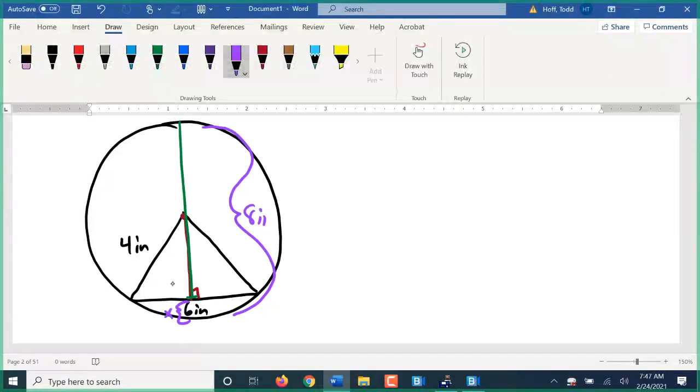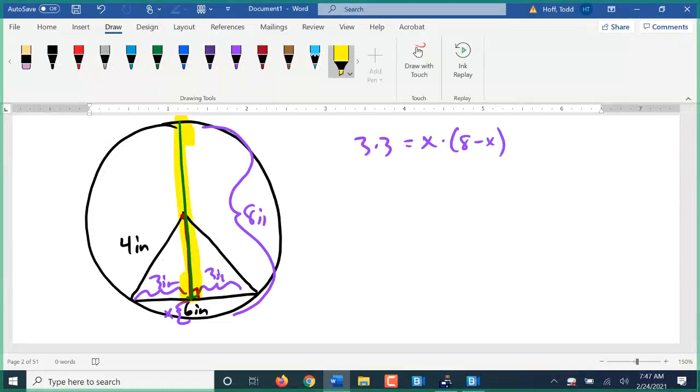Because I know that that cuts that chord into 2 3-inch pieces. So that 3 times 3 equals x times 8 minus x. This length here is the diameter minus that x.